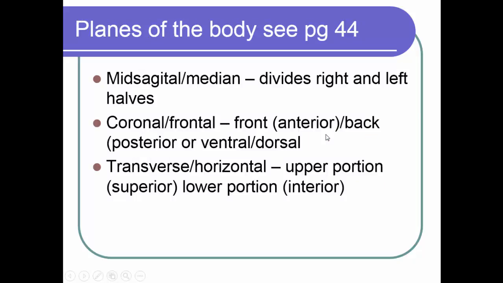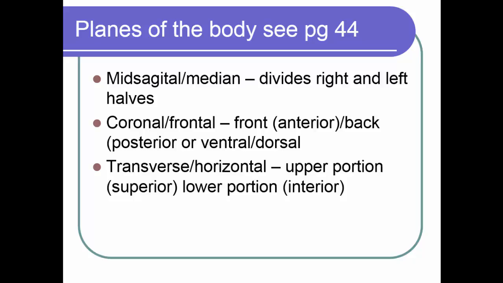Planes of the body are discussed in your textbook on page 44, and there are different planes that are described. The mid-sagittal or median plane divides the body into right and left halves. The coronal or frontal divides the body into anterior and posterior, or front and back.